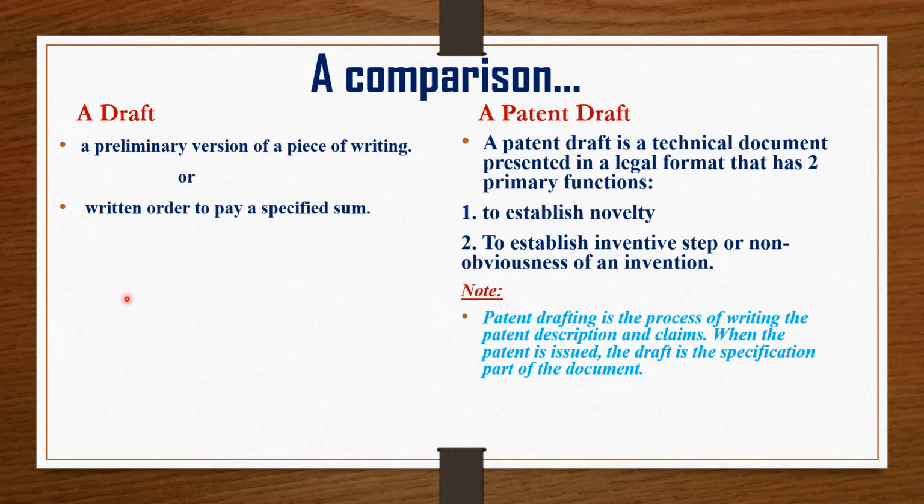Whenever you try to understand the meaning of this statement that I have written in the note part, your confusions will be clarified. So just remember, patent drafting is the process of writing the patent description and claims, and when the patent is issued, the draft is the specification part of the document. So the comparison has been done. Let us proceed.